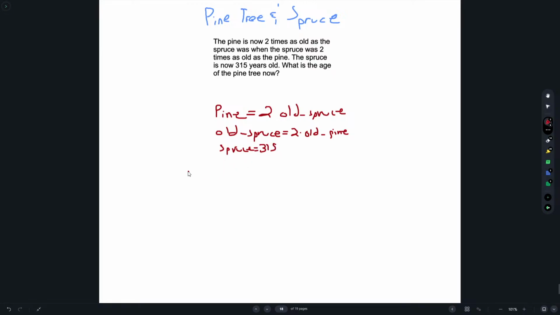We know that spruce is 315 and it's equal to however much time passed plus old spruce. And we know pine is equal to however much time passed plus old pine. Now that we have these, we can try solving. Gives us a little bit more to work with.